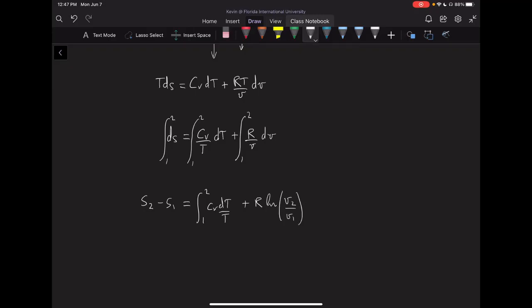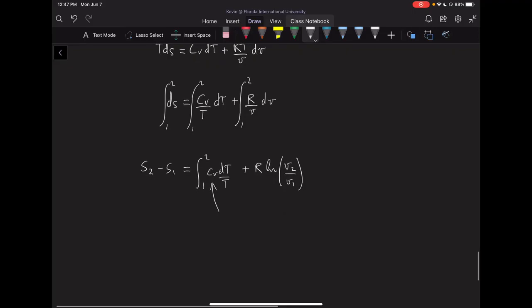We're leaving it in this form just because in gases, if we have very high pressures or very different values for temperature, Cv may or may not be constant.